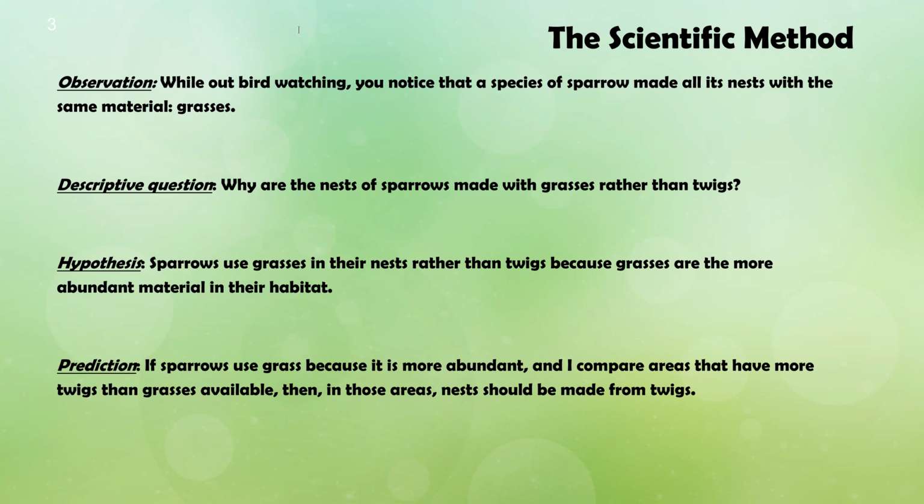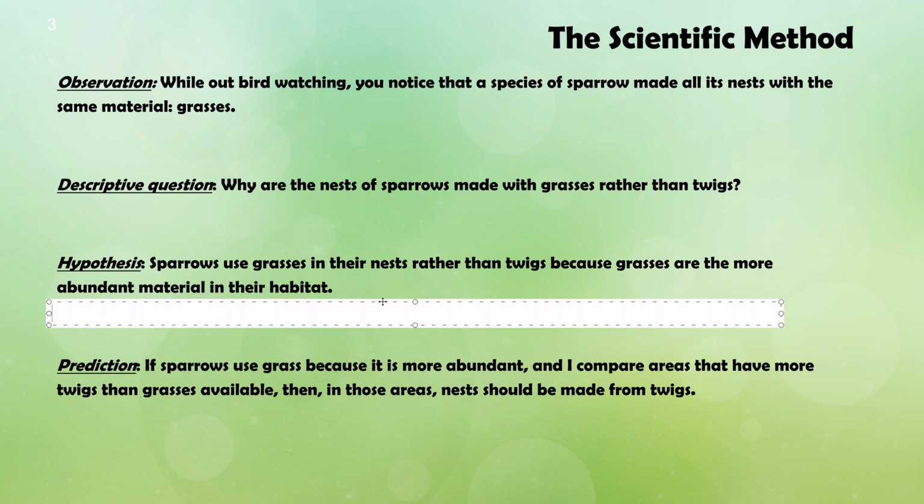So here is my hypothesis. Remember, this is an explanation to your question or probable answer. So the hypothesis in this case would be sparrows use grasses in their nests rather than twigs because grasses are more abundant in their habitat. There's a lot more grass than twigs.